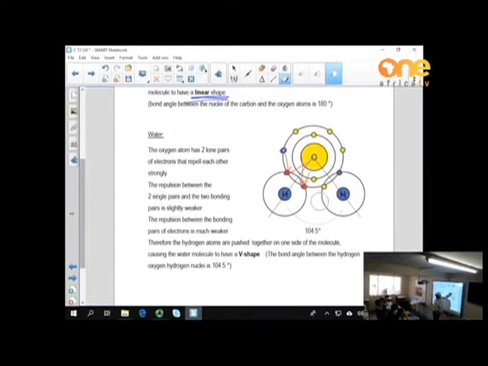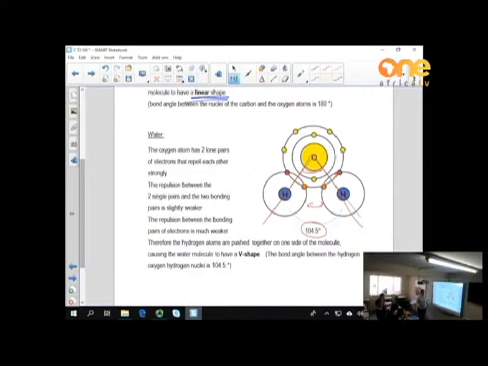So that also pushes the hydrogen atoms away downwards to one side. The repulsion between this bonding pair and that bonding pair is very weak, so they can't repel each other very strongly. As a result, the bond angle over here is going to be 104.5 degrees.